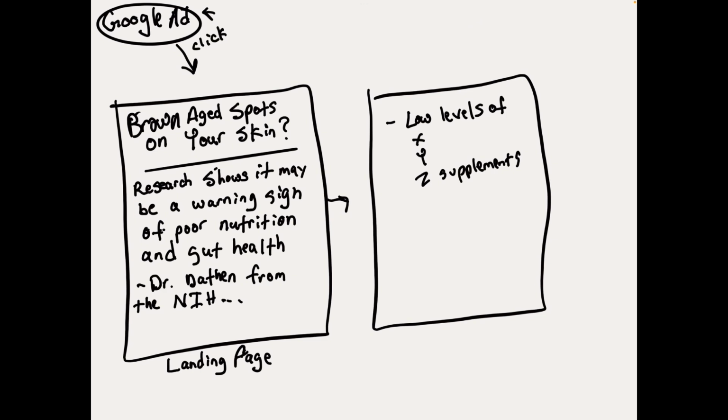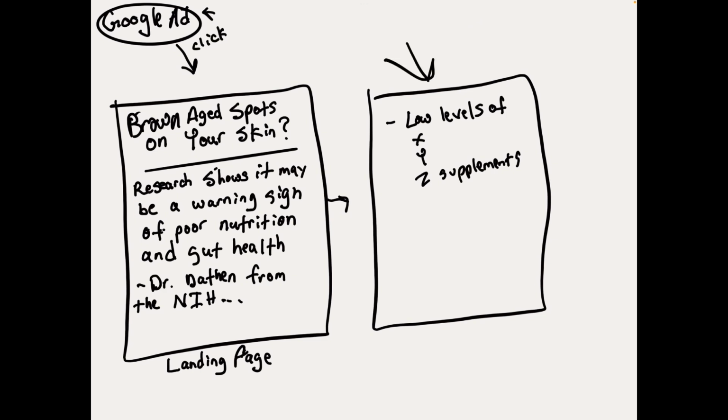Dr. Dathen from the NIH says that basically as people get older, one of the things that they don't do a great job of is proper supplements and paying attention to their gut health. And I start talking about the things that can happen, such as brown spots on your skin, as a part of poor nutrition. And then I go into, if you look here, what may cause poor skin.